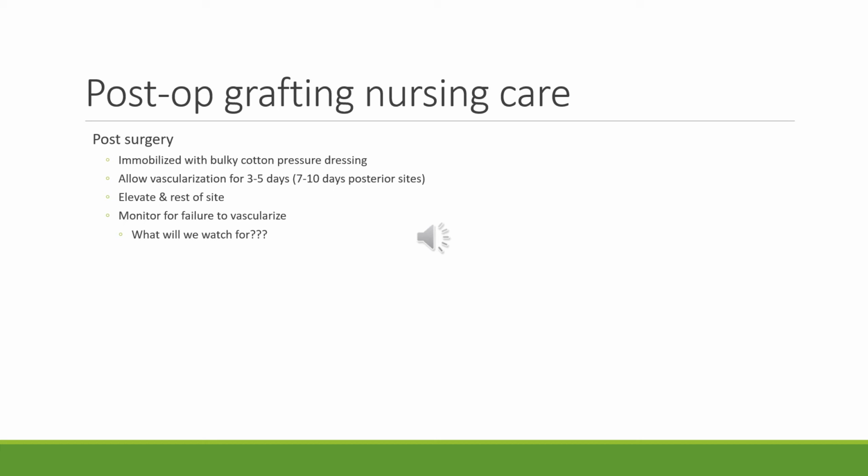We also need to monitor for failure to vascularize, and so I want you to think about what that would look like. So if we have a patient that has just had a graft placed, what signs and symptoms would you be watching for on that graft site when you did dressing changes?